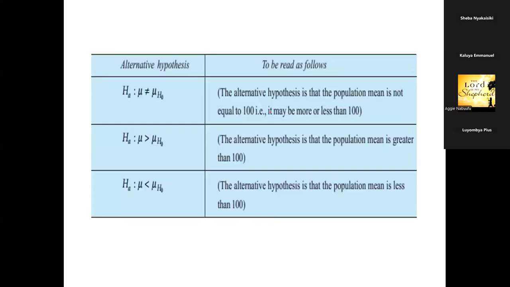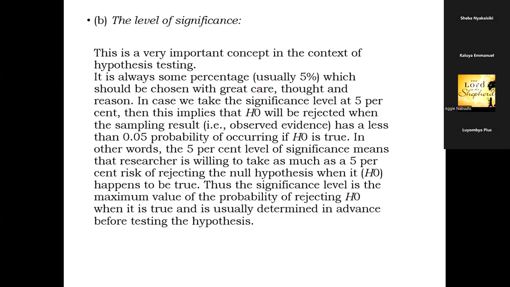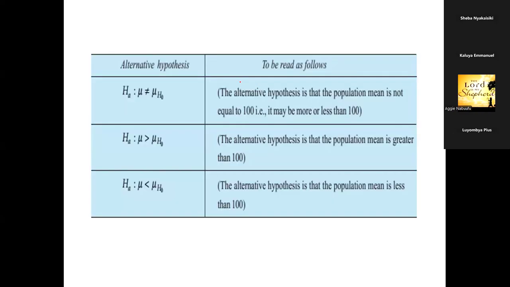So here we have some examples. Let me see if I can get something that is a bit better. So we have an alternative hypothesis that the population mean is not equal to 100.